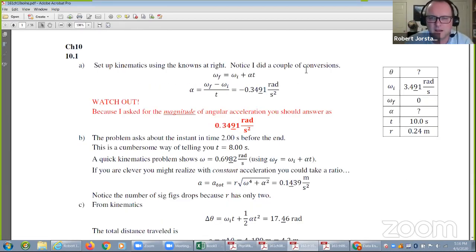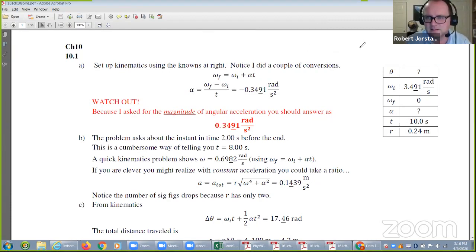Now, in this case, I did a couple of conversions. And so notice in the problem, they tell us it's 33.333. That's enough sig figs, I'm sure. Revolutions per minute. And so I know that if I'm doing a kinematics problem, I want to use units of radians per second.